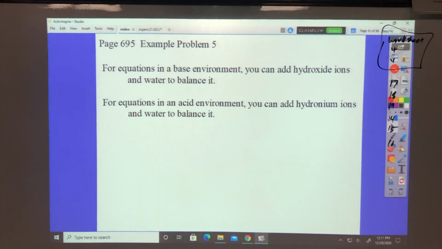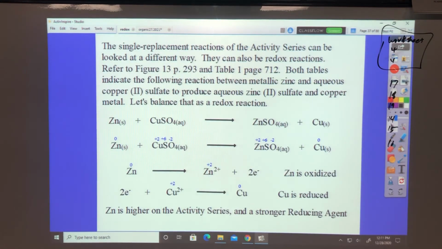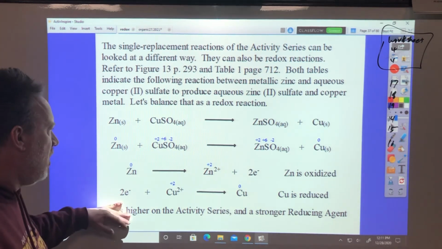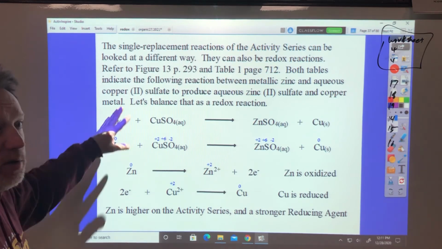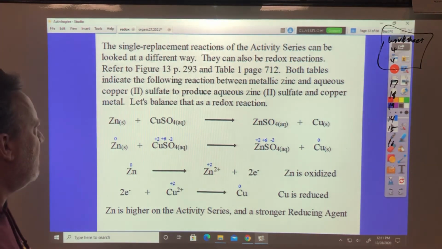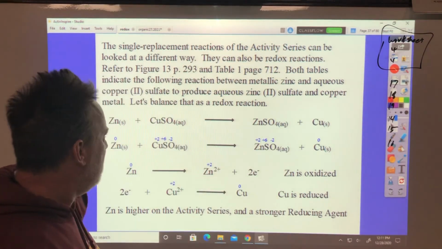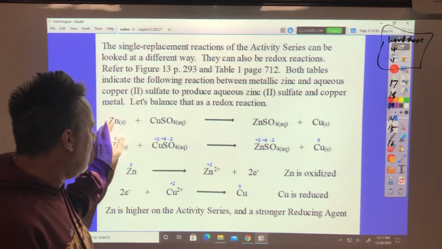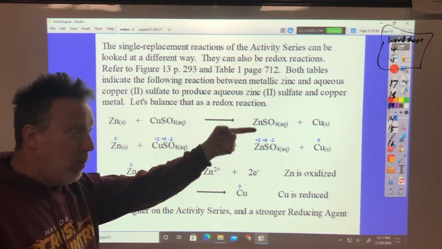Okay, let me go just a little bit further. Both these tables indicate what's going on. Zinc's higher in the activity series and is a stronger reducing agent. And there's numbers in there that tell you to do the math, how much the difference is. But if you put the numbers in, it'll show you that this should go. If you put copper metal in with zinc sulfate, it won't go. But if you put zinc metal in with copper sulfate, it will go.